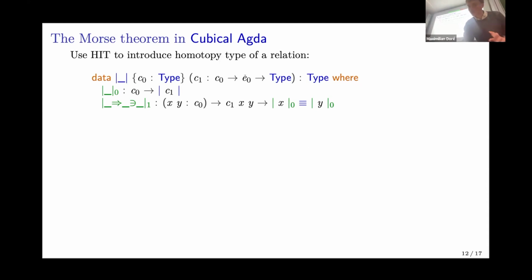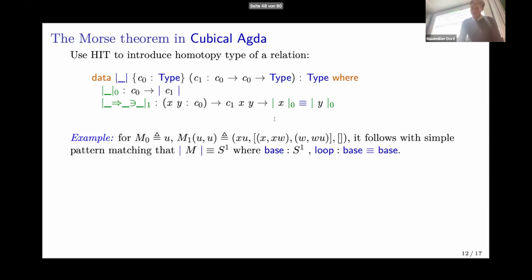And given this combinatorial information, we'll just have 0 cells induced by the 0 cells of our relation, and then paths are induced by all the 1 cells in our relation. So for instance, with our Morse complex from before, we really would only have a single 0 cell and a single 1 cell, which is a path from the single 0 cell to itself. And this is just the circle directly as it's defined in Cubical Agda.